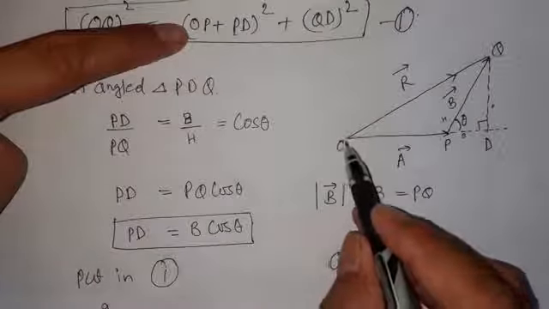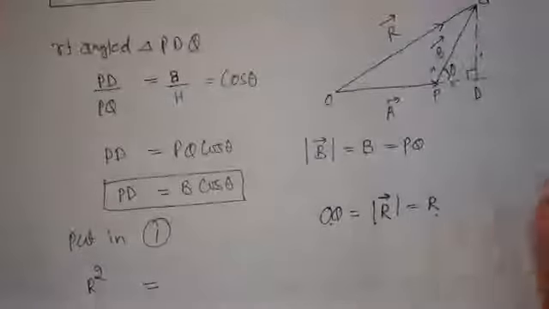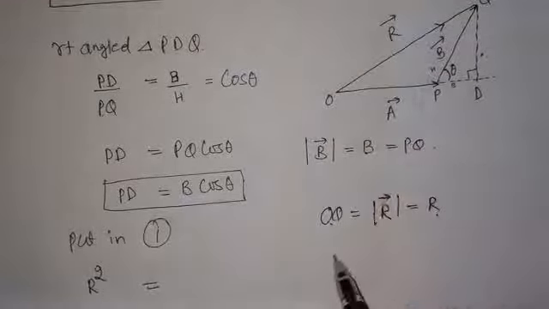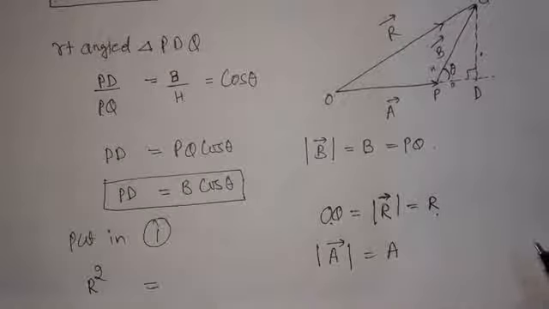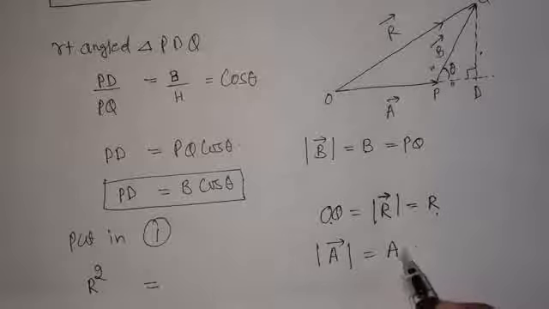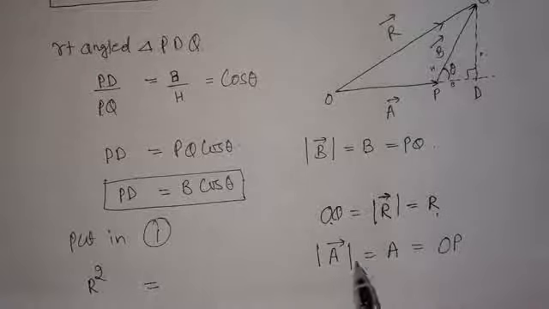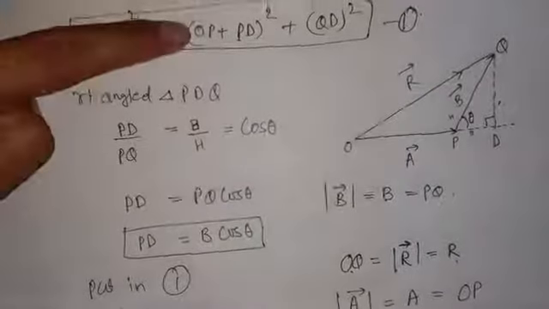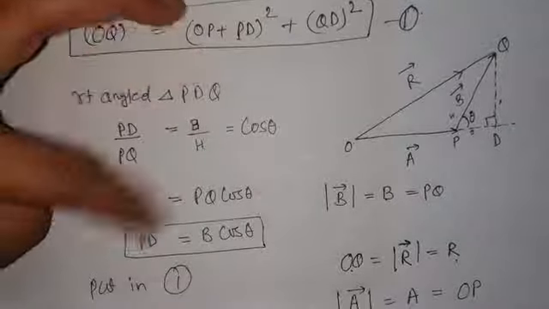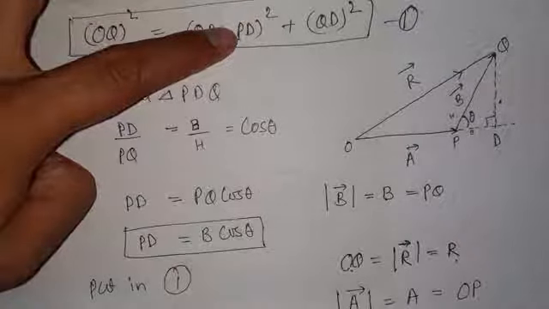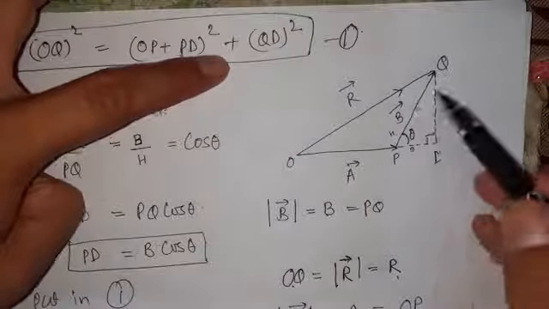OP is the vector length, the strength of vector A, given by its magnitude, so OP is equal to A. Thus I replace OP with A, plus PD replaced with B cos theta, its whole square, plus the value of QD.